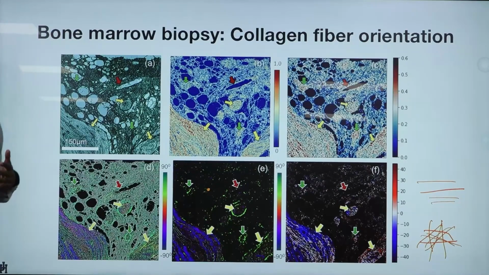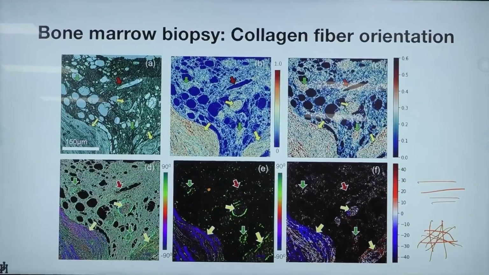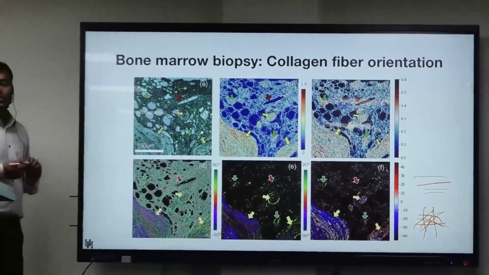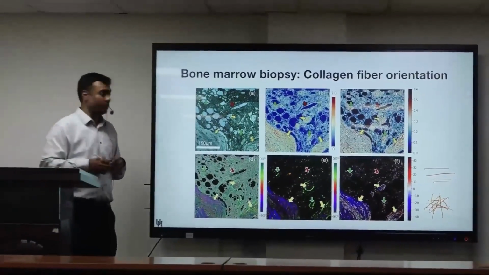Then you can make a treatment decision. You can change the medicine that you are giving, and so on, and it will have an important benefit to the patients at the hospital. Okay? That was for blood cancers, myelofibrosis.